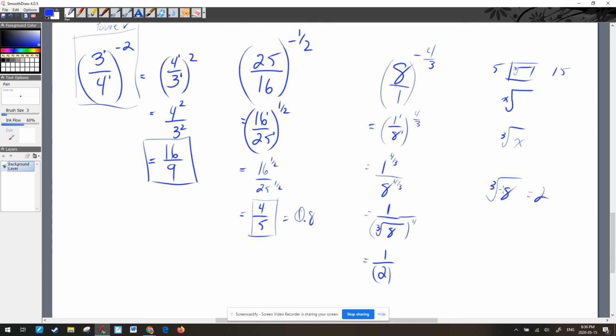So if I wanted to find the third root of 8, one way I could do it is find the button like that on my calculator, or I could do 3, powered root button, 8, equals, and then it would say, oh yeah, that's 2. Okay. Now back to where we were. The third root of 8 is 2. I've still got to the exponent 4. I know that 2 times 2 times 2 times 2 is 16. So the answer to this is 1/16.